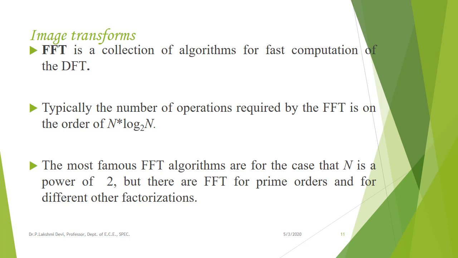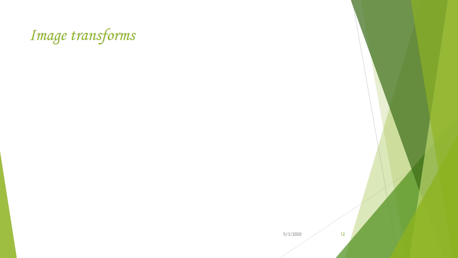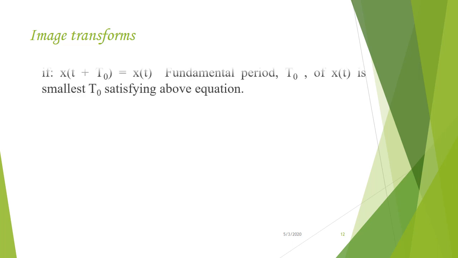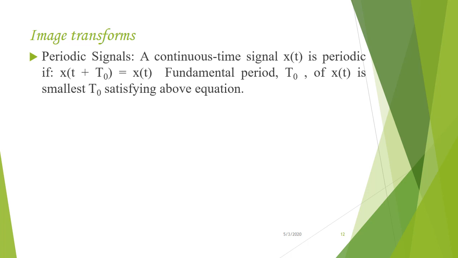The most famous FFT algorithms are for the case that N is a power of 2, but there are fast Fourier transforms for prime orders and for other factorizations. In transforms, the FFT plays a major role as compared to the DFT, but the net result of DFT and FFT is the same.